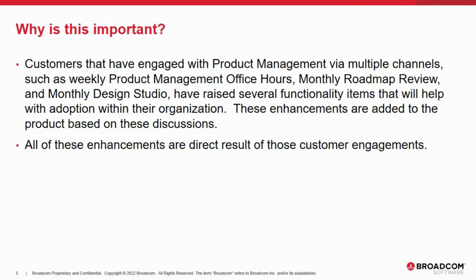We also have the monthly roadmap reviews and the monthly design studio reviews, where we discuss directly with our customers the different functionalities that they have raised and would want us to address to increase the adoption of Clarity within their organizations. Based on this direct feedback from our customers, we make specific changes to the product to address their needs. All of these enhancements are direct results of customer engagements.